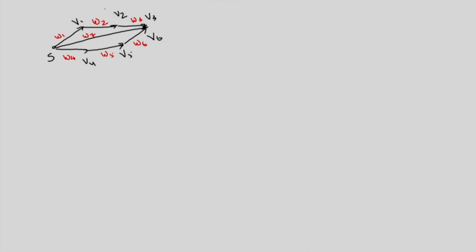So the Bellman-Ford algorithm iterates through all the edges of the graph, and for every edge it determines the weight on the two nodes that it's part of.